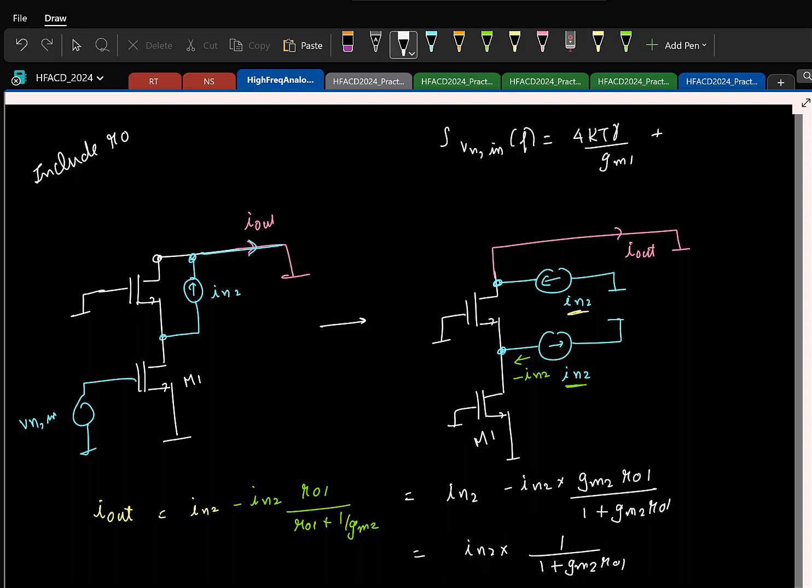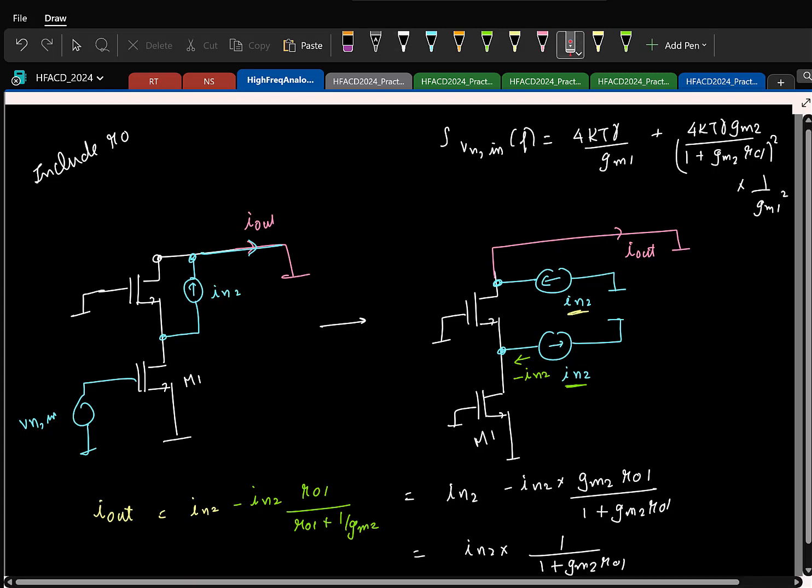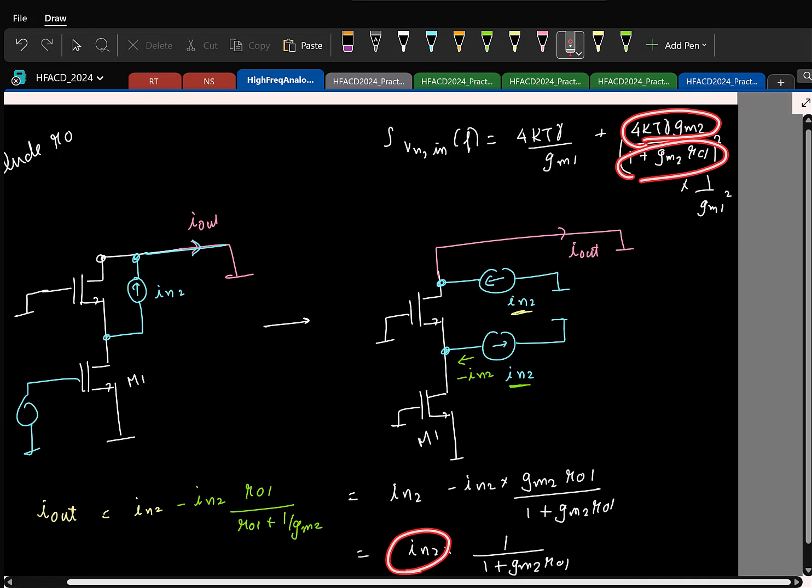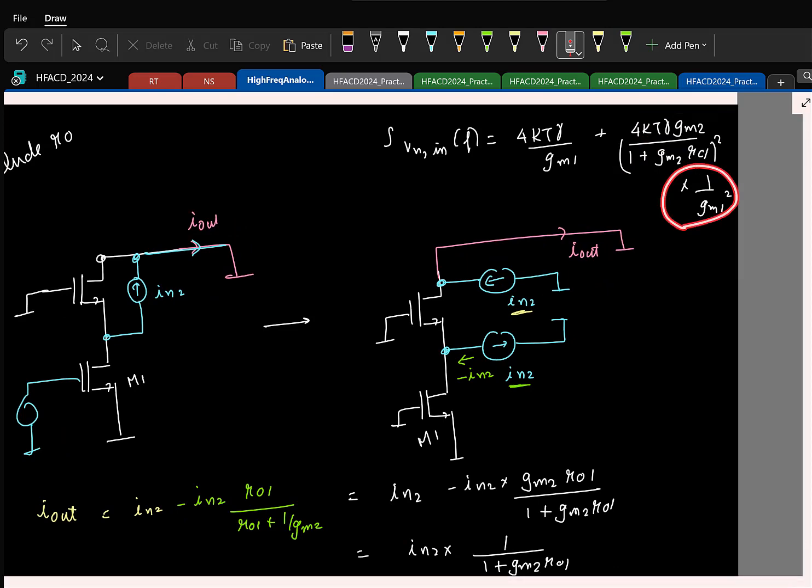So here this will be 4kTγ gm2 by (1 plus gm2 R01) whole square. So basically the power spectral density 4kTγ gm2 by the transfer function we got squared, that is the output current noise PSD divided by the transfer function squared.